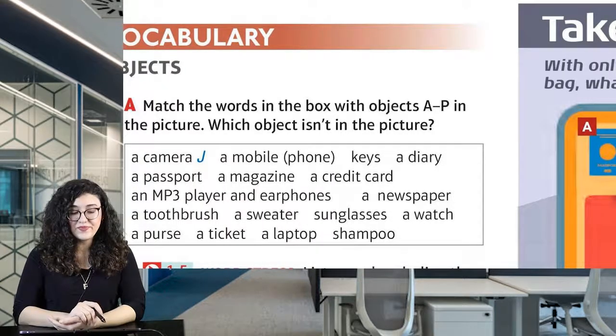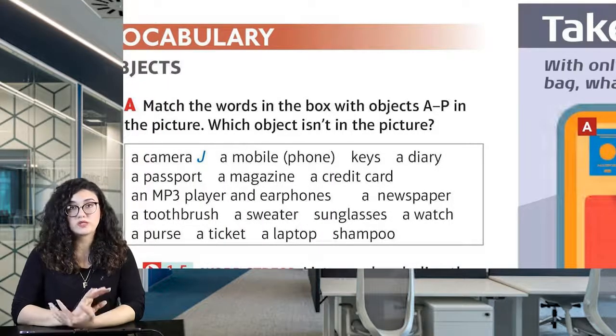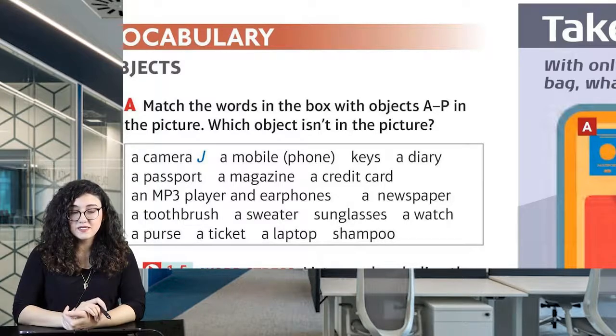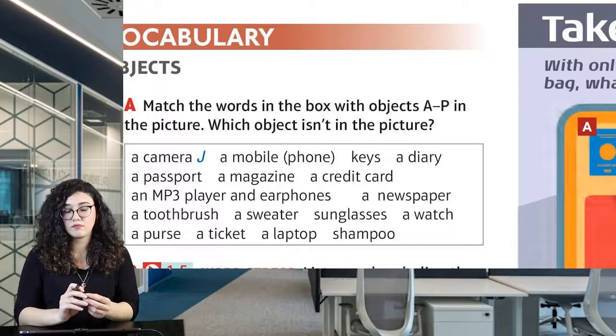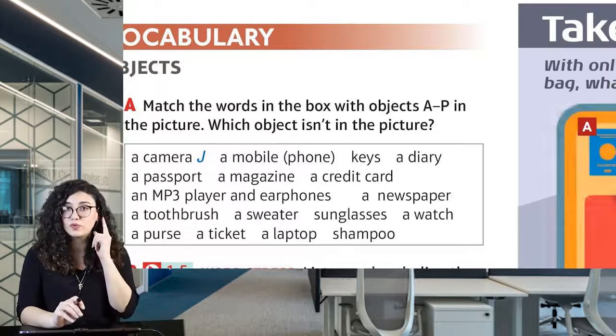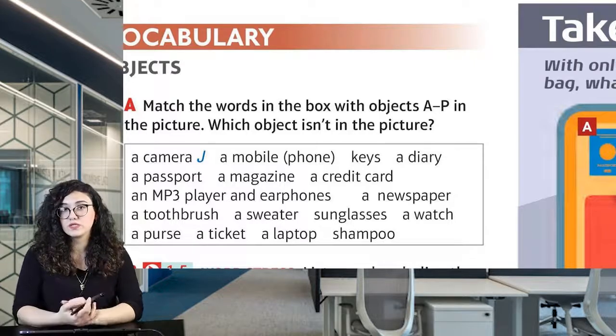A camera, a mobile, or you can also say a mobile phone, keys, a diary, a passport, a magazine, a credit card, an MP3 player, and earphones. So earphones is this electric tool that you put in your ear when you want to listen to music.